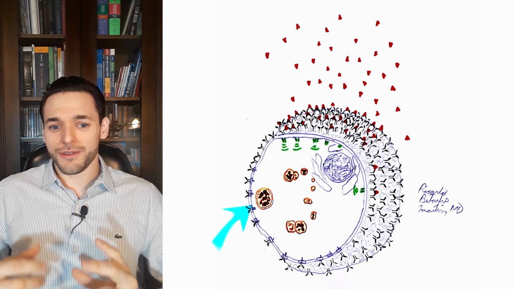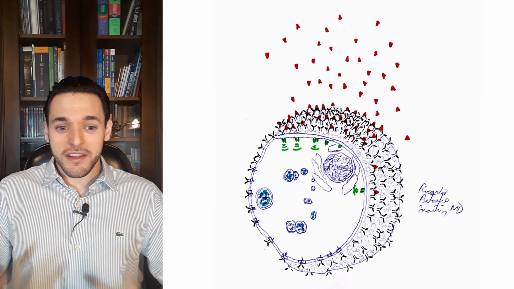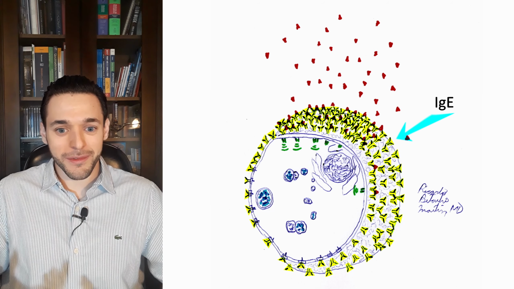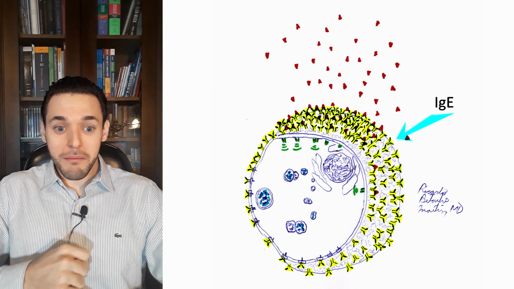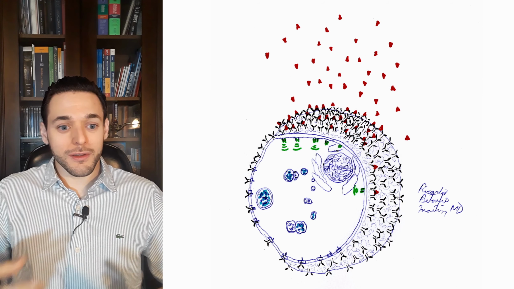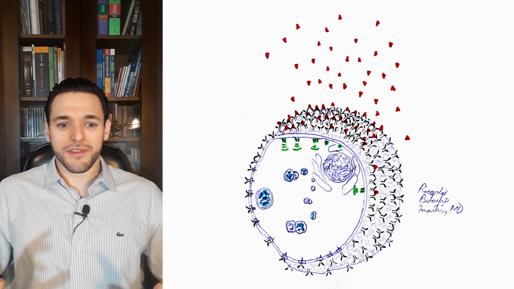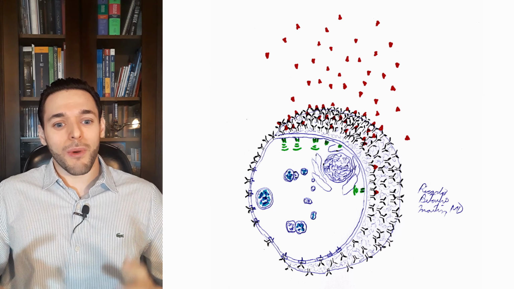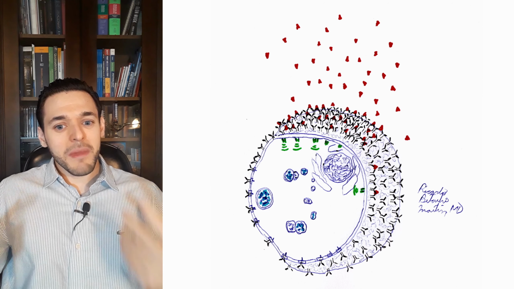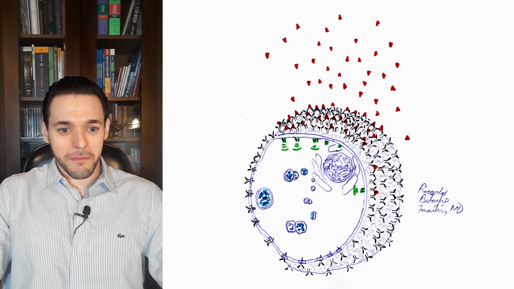Because from the second exposure onwards, the mast cells are already coated by the preformed IgE molecules, degranulation will be virtually immediate once the allergens enter your body and come into contact with the mast cells within minutes.